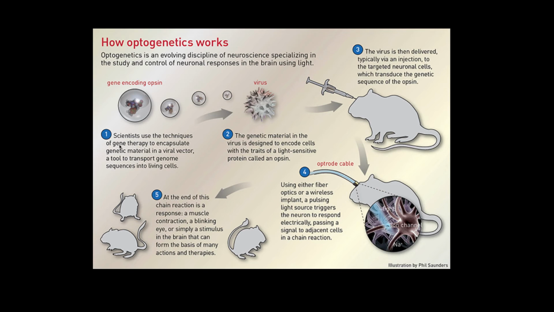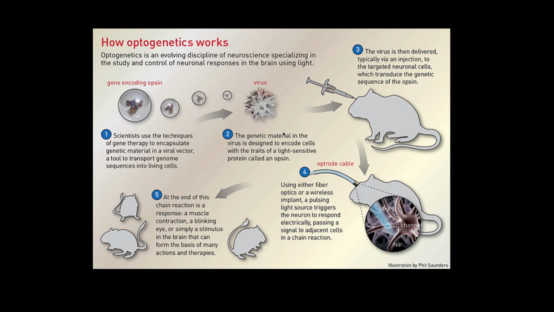In the first step, scientists use gene therapy to encapsulate genetic material into a virus that is going to be used to transport genetic sequences into living cells. That genetic material in the virus is designed to encode itself in cells with traits of a light sensitive protein called opsin.